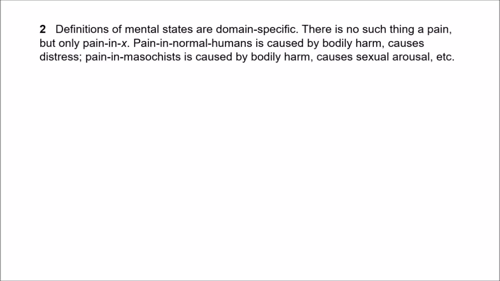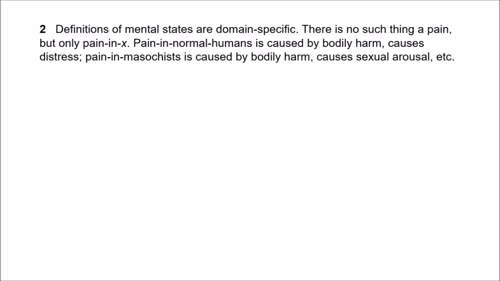There's no such thing as pain, but only pain in X. So pain in the normal human is caused by bodily damage, causes distress, etc. Pain in the masochist is caused by bodily damage, causes sexual arousal, etc. There are many different functional definitions of pain, each appropriate to different contexts, different domains. The fact that pain has different causes and effects for different people doesn't show that pain can't be defined as a state that has a certain causal profile. It only shows that there are different kinds of pain.